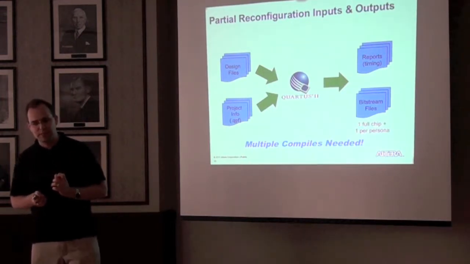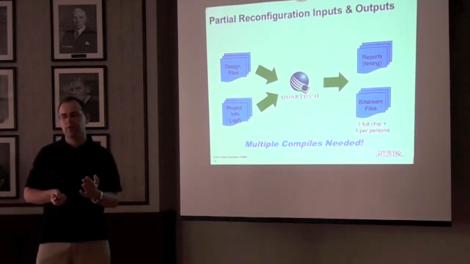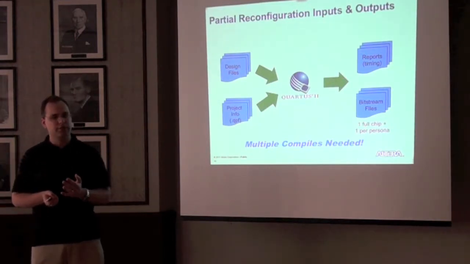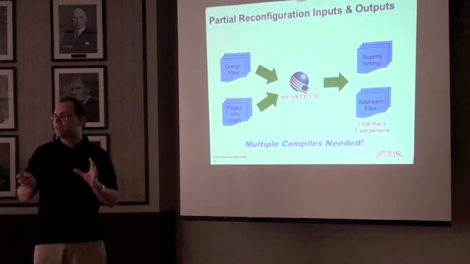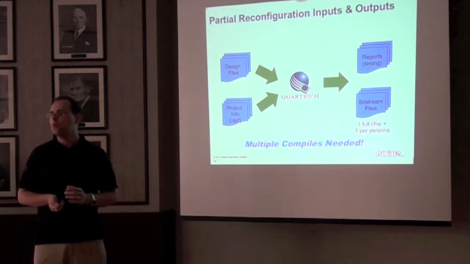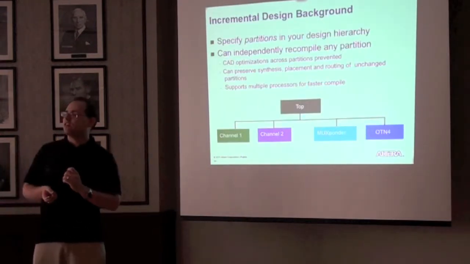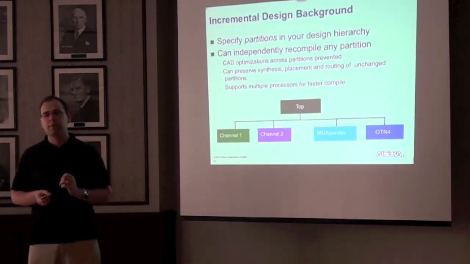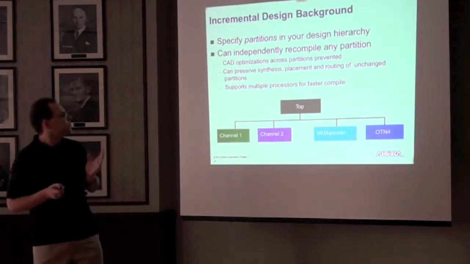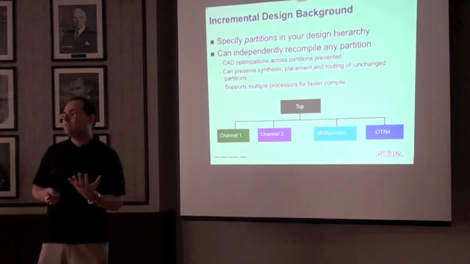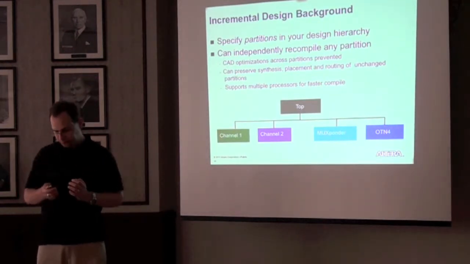So what this effectively means is that we're going to need to run Quartus multiple times in order to produce these multiple bitstreams, because the number of bitstreams is a function of how many partial reconfiguration instances you have in the design. But first, I'm going to give a quick background on our incremental compilation or incremental design flow. We provide the users the ability to specify partitions, or groups of hierarchies, in the design.